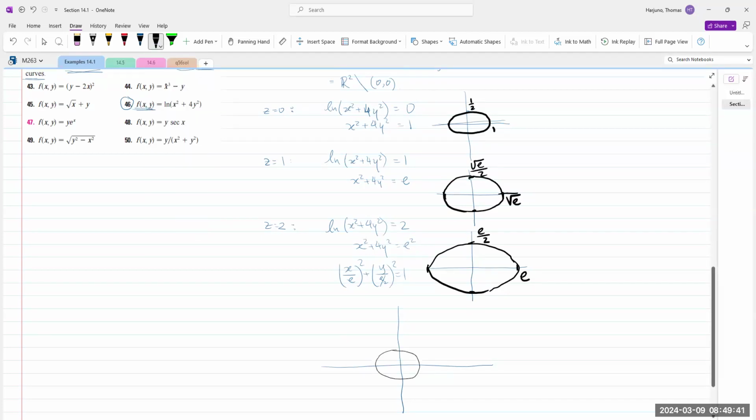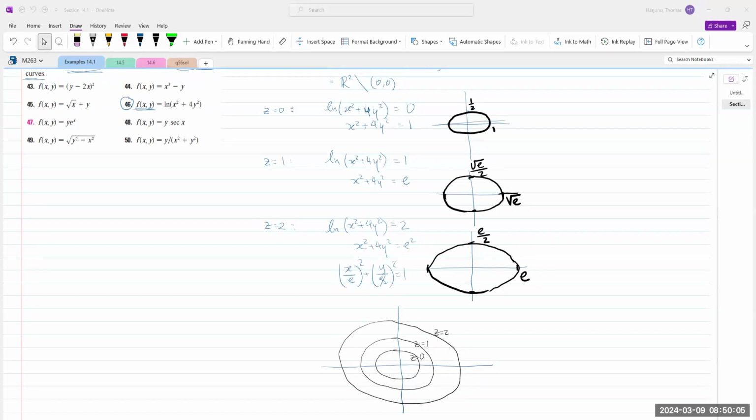This is when c equals 0, and then z equals 1, z equals 2, like that. Okay, now let's try to present or view this from our picture.